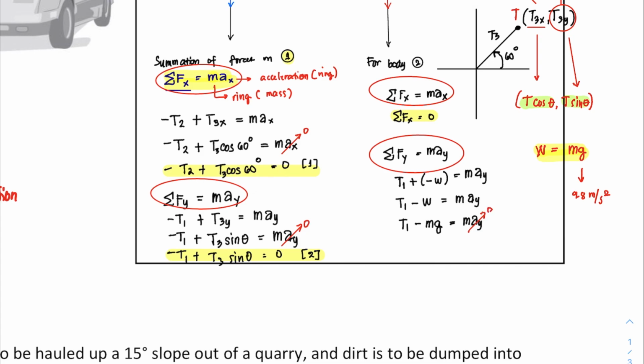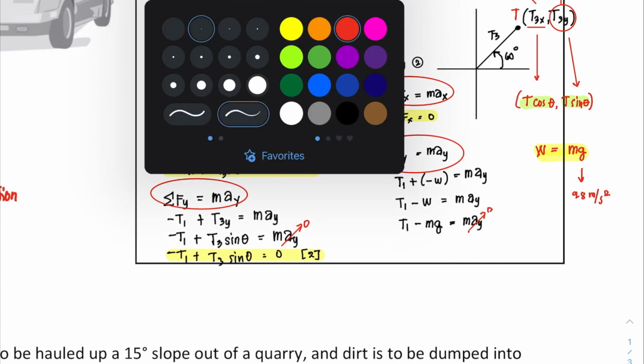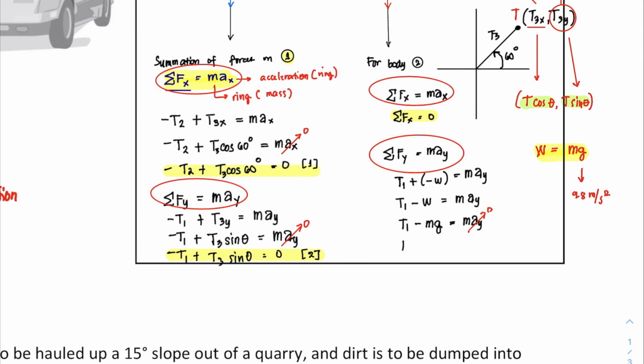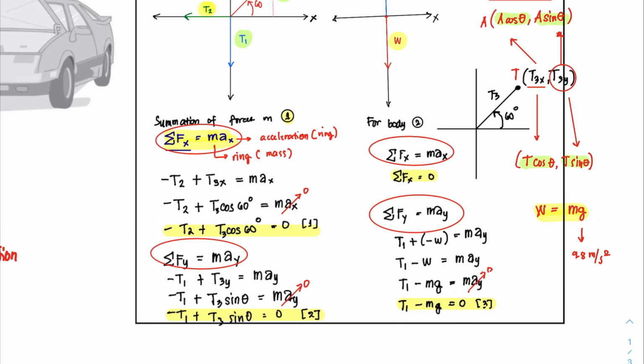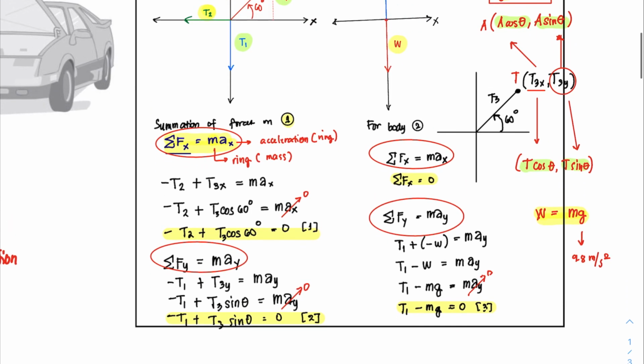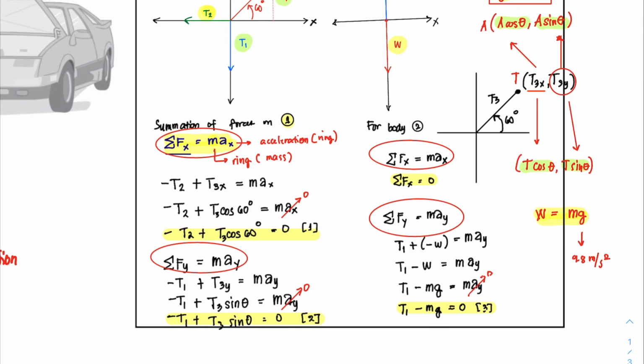Therefore, that is telling you that the acceleration along y is 0. So your equation is simplified into T1 minus mg is equal to 0. So you name this as your equation 3. Okay, so that over there is your summation of the forces.